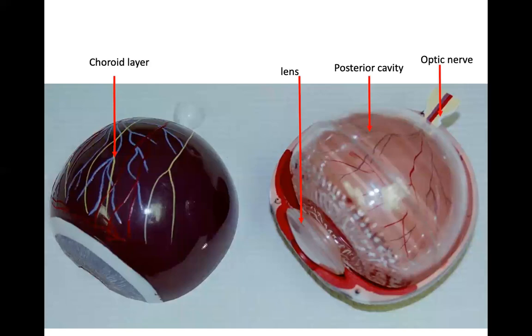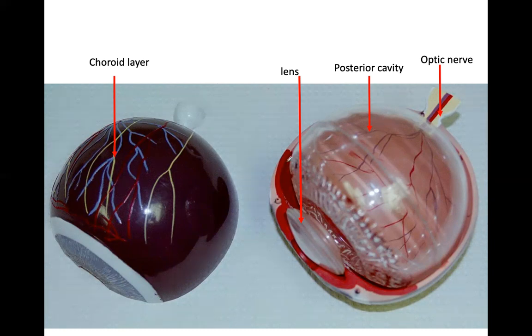If I remove the sclera, the outermost layer of the eye, we have the second layer of the eye, which is called the vascular tunic. The vascular tunic appears a very dark color. This is referred to as the choroid layer. If you remember from your lectures, the reason it is dark is because it contains melanin, which absorbs any extra light that comes into the eye and prevents the reflection of light inside your eye that may affect the creation of vision.